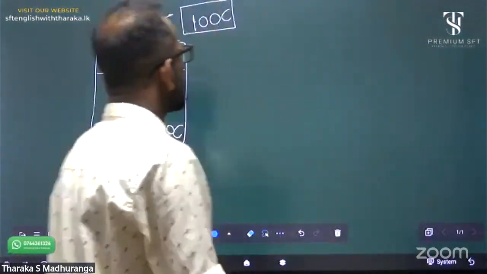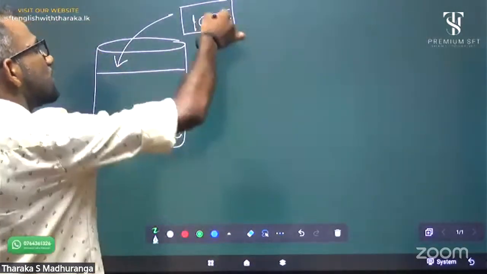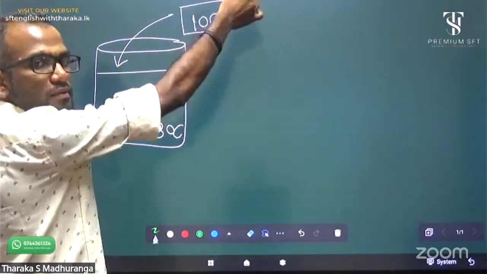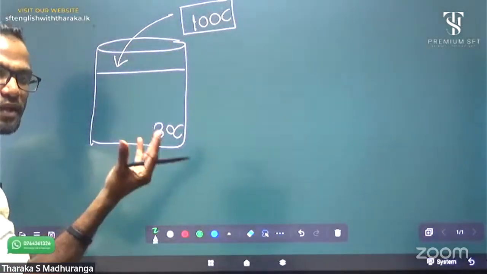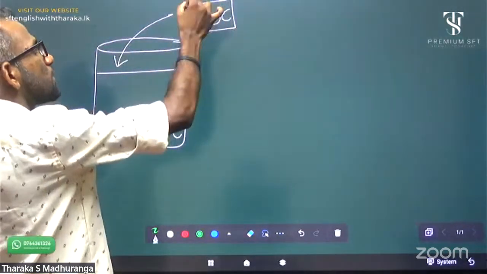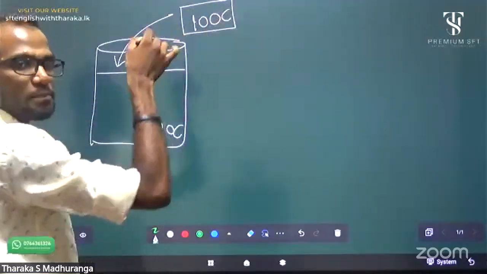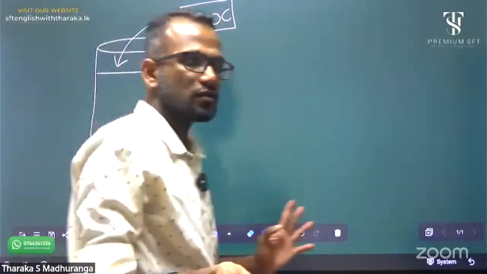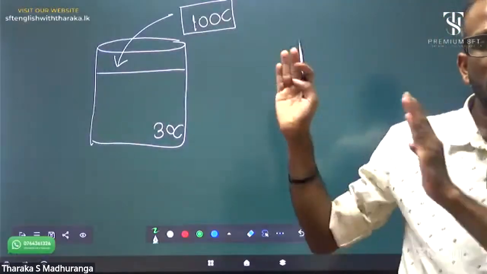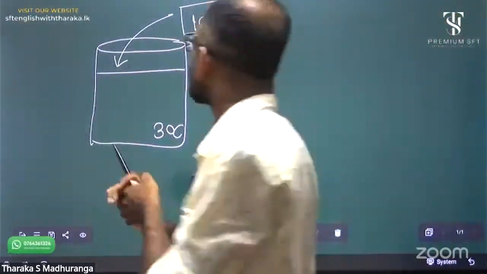This is the method. In this experiment, think it is a 1 kilogram unknown metal piece, an unknown metal cube. We don't know the type of metal or anything about it.